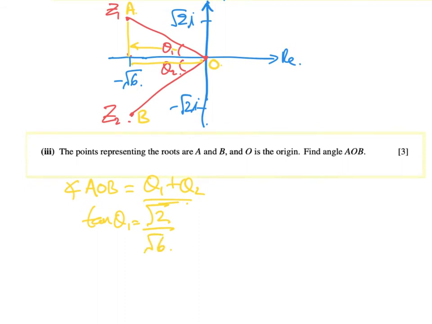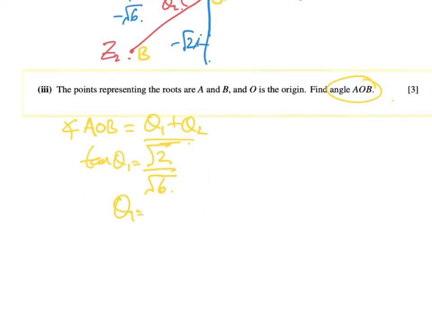We don't have to put the negative, because the negative would just give us a negative angle, and the question requires the angle here, which is a positive value. So to find theta 1, we have shift tan of √2 over √6, and theta 1 equals 30 degrees or pi over 6. I'm going to keep it in degrees.